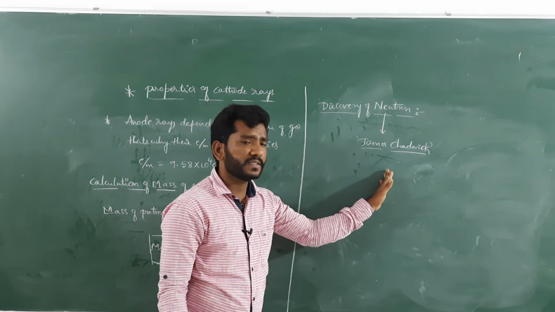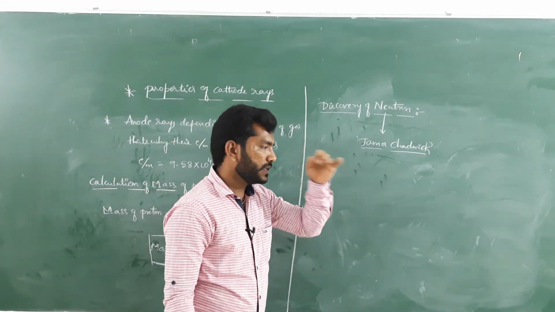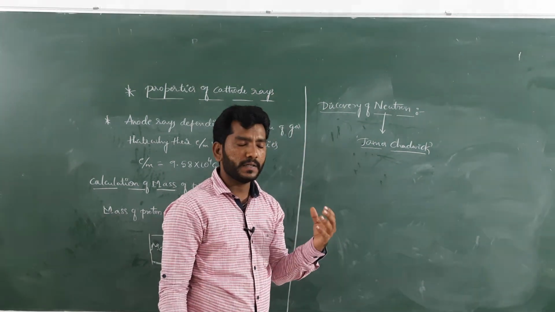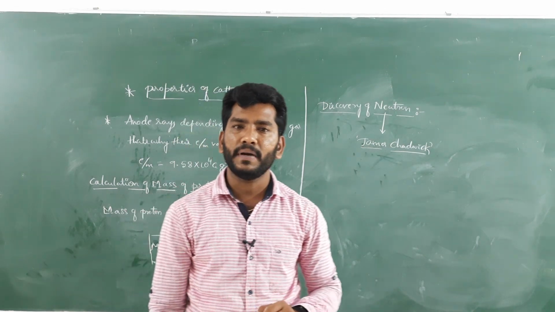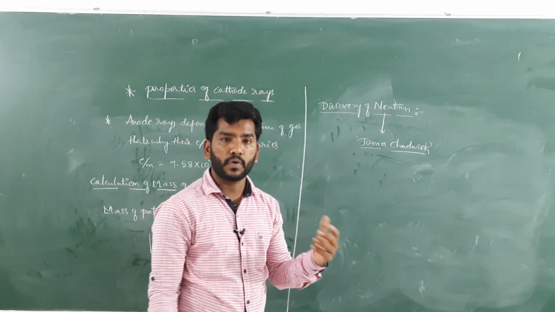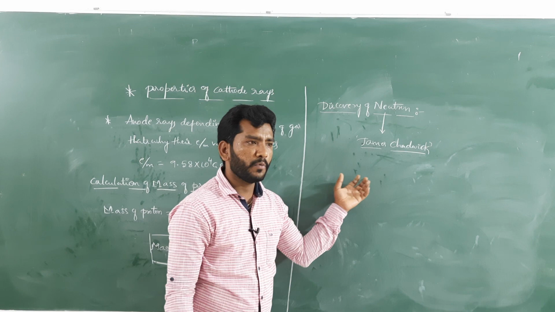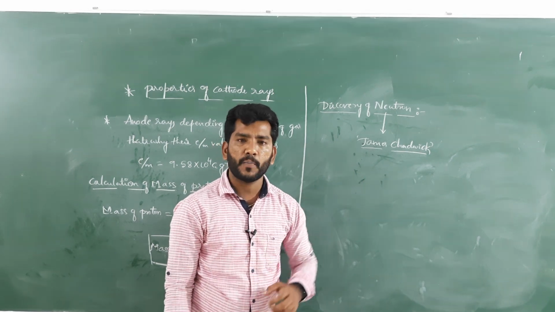What he did: first, he took some lighter elements like boron or beryllium, and bombarded them with high speed alpha particles.